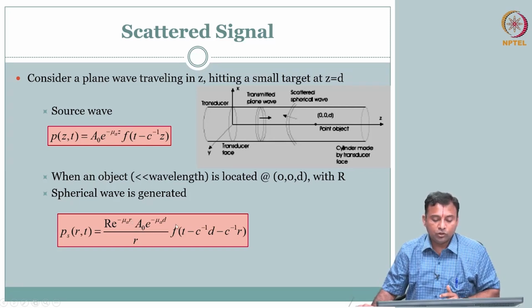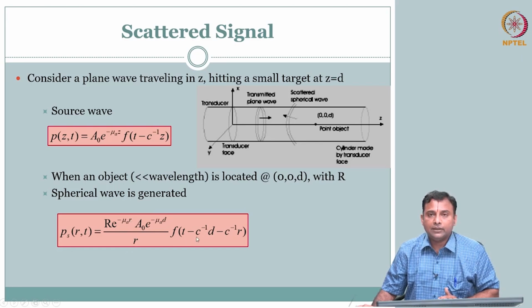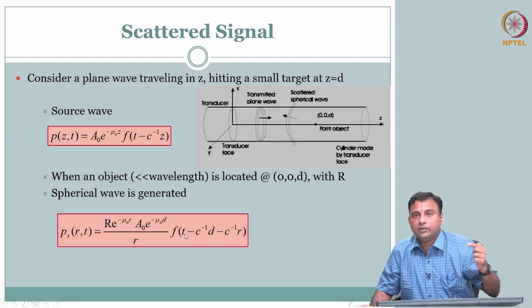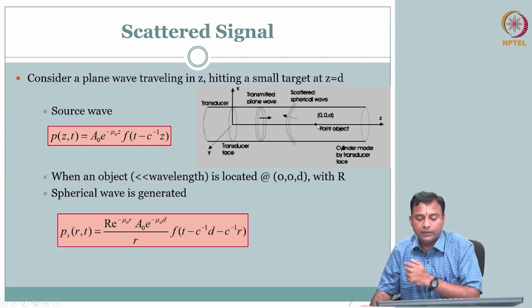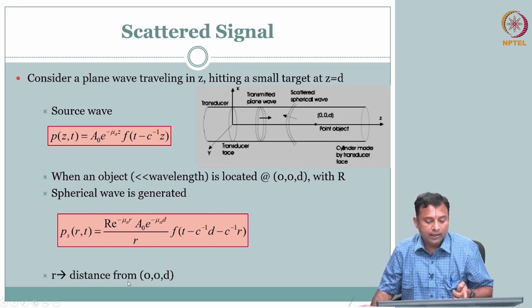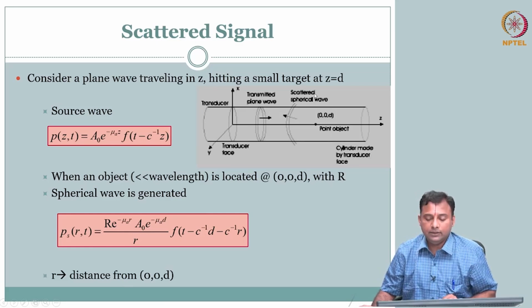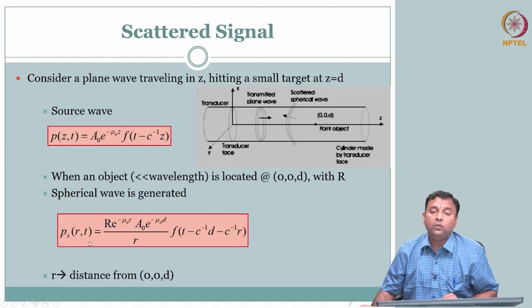This is your source, with r f(t minus r/c). It has gone in one direction and is coming back in the other direction, towards D. Your small r is nothing but the distance from this point 0, 0, D. This acts as your source now, and this is what you are going to capture.